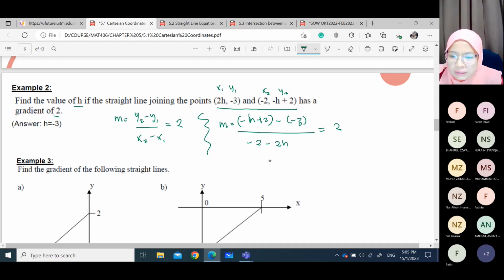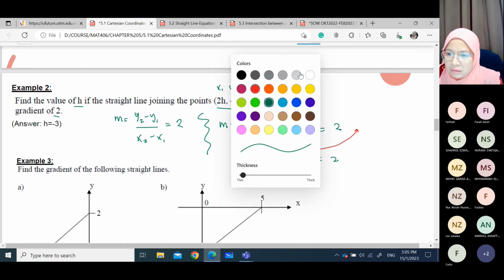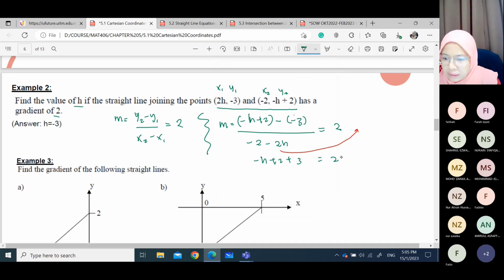Okay, so open the brackets. Now we have negative h plus 2, negative negative, we have plus a positive 3 over, the one at the bottom, you can bring it up. Bring it to the other side, it will become multiplication, which is 2. Because it originally came from division. So we multiply with negative 2 minus 2h.